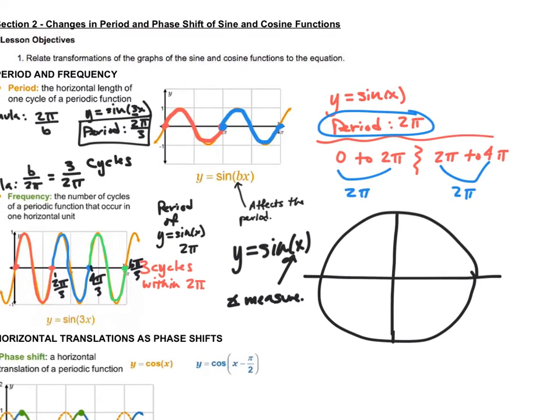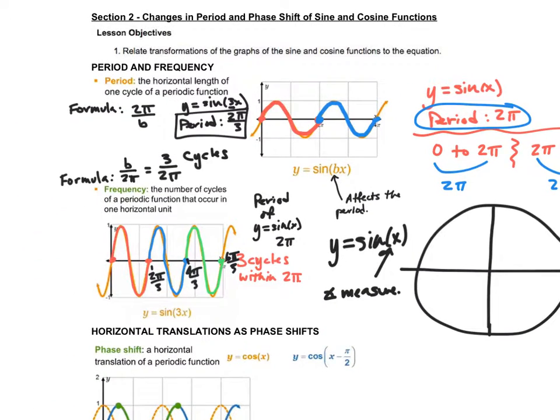And if I'm doing sine of 3x and I'm affecting the angle measure, between 0 and 2 pi we had 1 cycle. We go around the circle once. If we've got y equals sine of 3x, we are going around the circle 3 times.